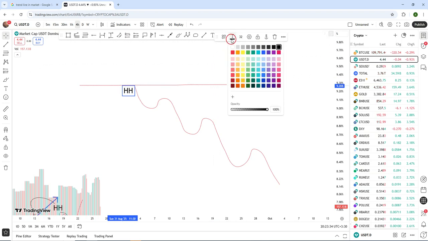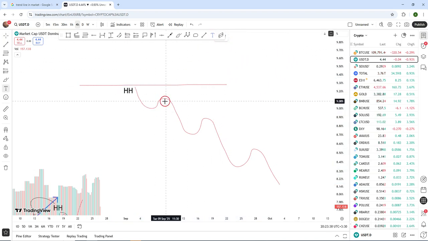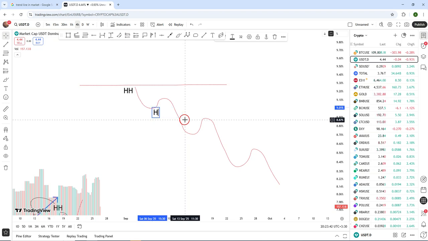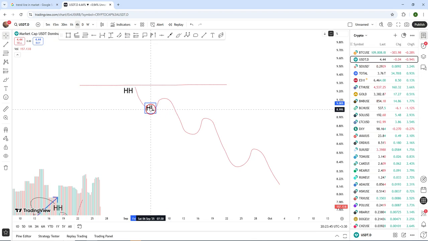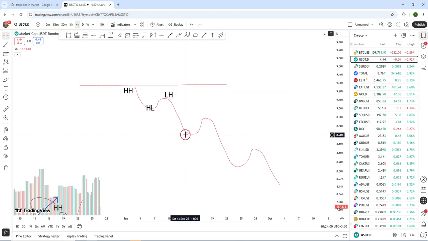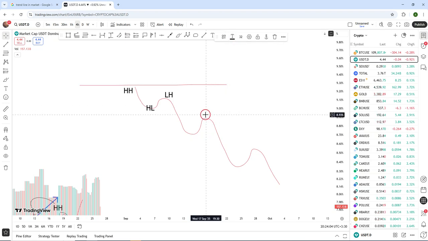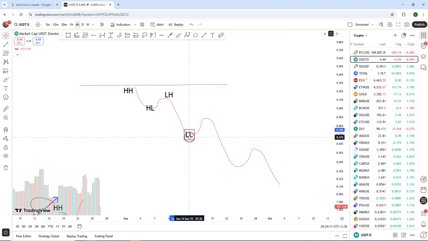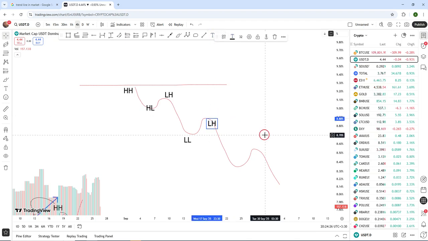Okay, and here we call it higher low, and on this part we call it lower high, lower low, and this part lower high.